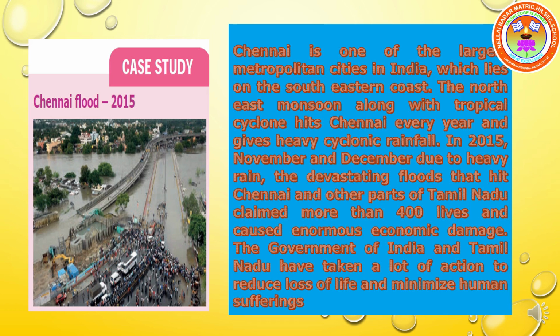Also, the government of India and Tamil Nadu have taken a lot of action to reduce loss of life and minimize human suffering. So the government has taken many steps to reduce the loss and minimize human suffering. Is it clear, children?